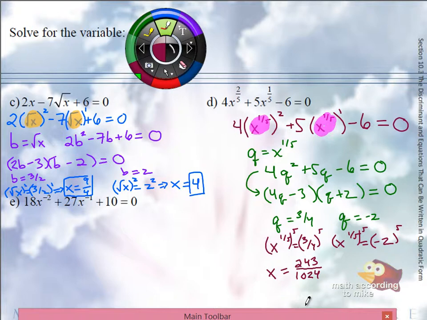No, because 3/4 doesn't reduce, so any power of it won't reduce. All right, what is negative 2 to the 5th? Negative 32.